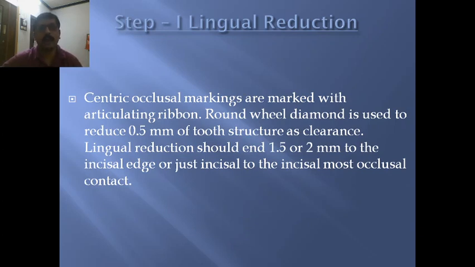Now, we have the markings on the lingual surface of the teeth, and now we will use a round wheel diamond for reducing 0.5 mm of tooth structure as the clearance. The lingual reduction should end 1.5 to 2 mm to the incisal edge, or just incisal to the incisal most occlusal contact.